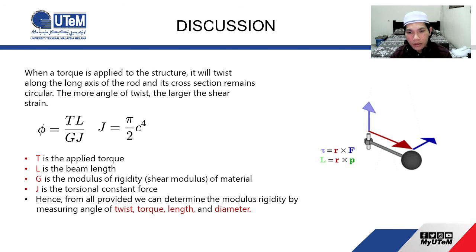If you look at the equation, T is the applied torque, L is the beam length, G is the modulus of rigidity, the shear modulus of the material, and J is the torsional constant. Hence, we can determine the modulus of rigidity by measuring the angle of twist, torque, length, and diameter.